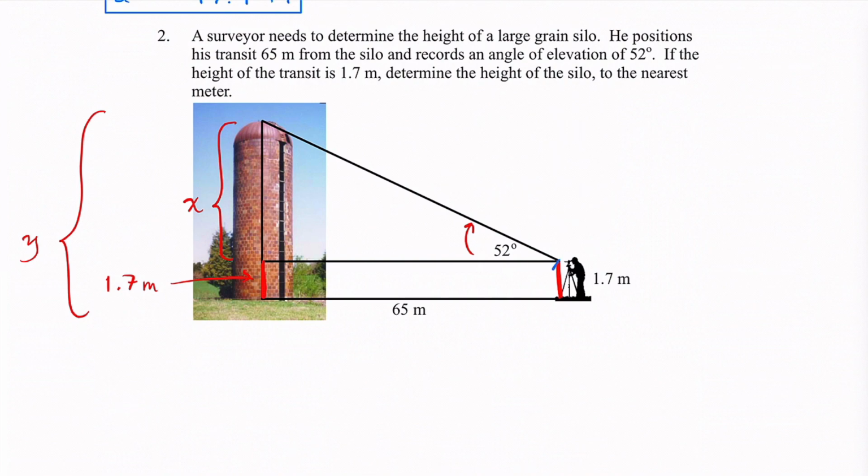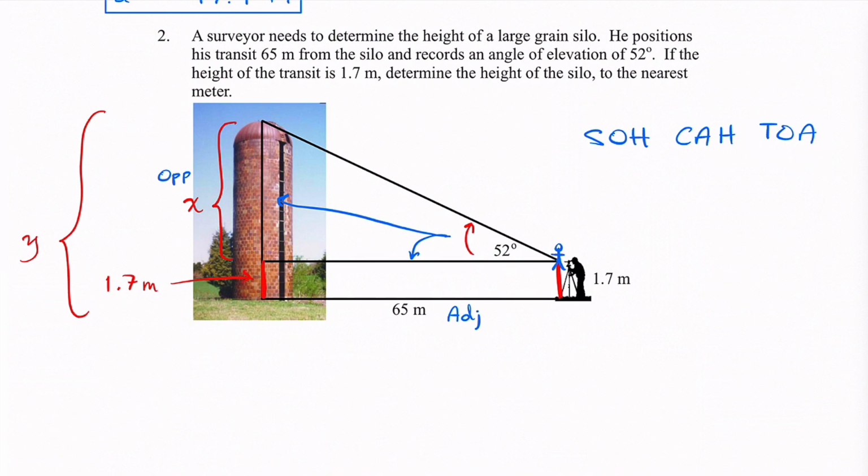Okay, so let's find x here first. So we want to picture ourselves standing at this corner. If I go all the way to the other side, this is going to be the opposite. Okay, and then this side right here, it is nearby, so we'd call that adjacent. So I got O and I got A. Looking at our SOH CAH TOA, got to pick the one that has an O and an A, and that is the TOA.